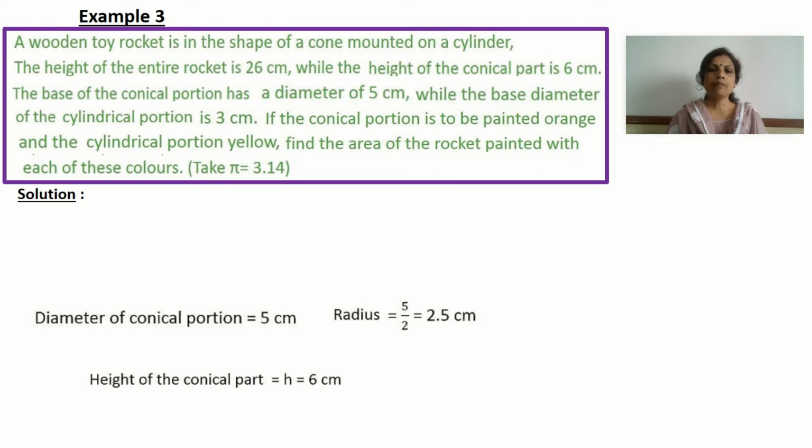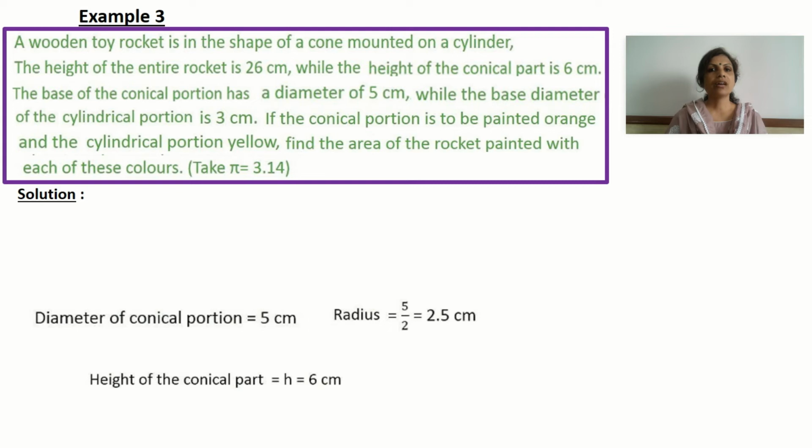If the conical portion is to be painted orange and the cylindrical portion yellow, find the area of the rocket painted with each of these colors. Interesting sum. We are also instructed that we have to consider value of pi as 3.14.